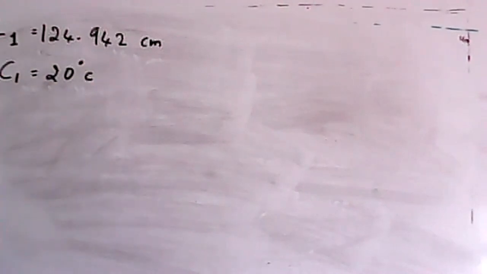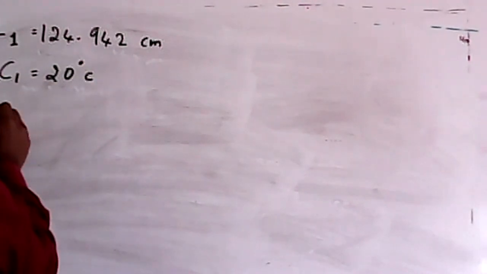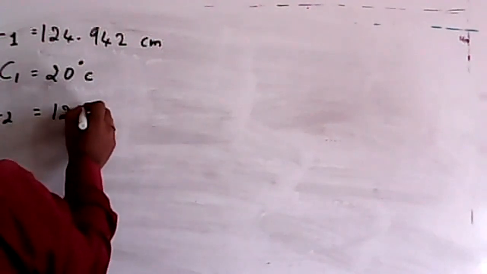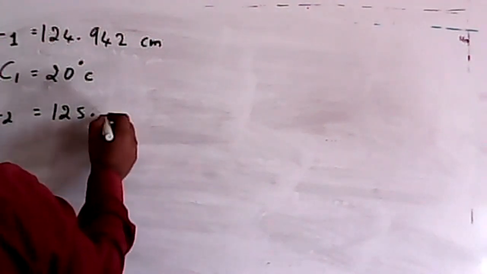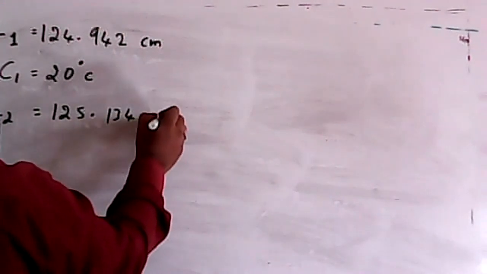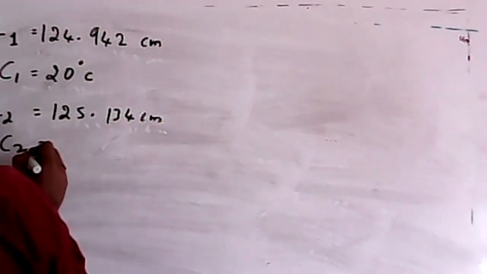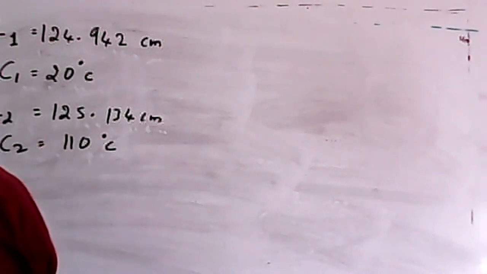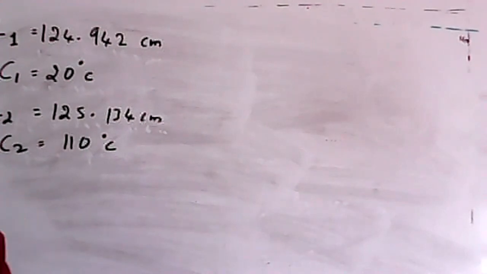Again the length will change the second time, which we call length 2, 125.134 centimeters. During that time the temperature is 110 degrees Celsius. Express the length in terms of C.